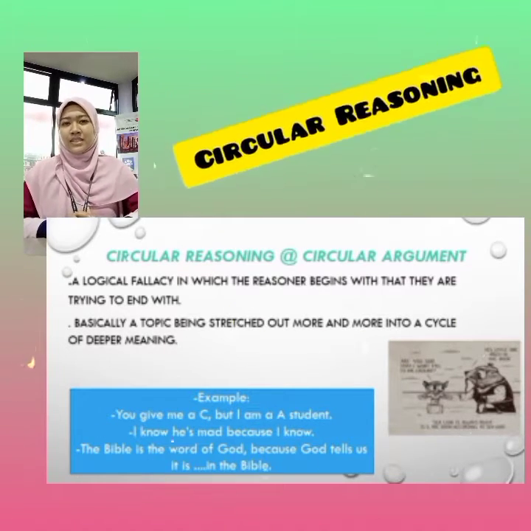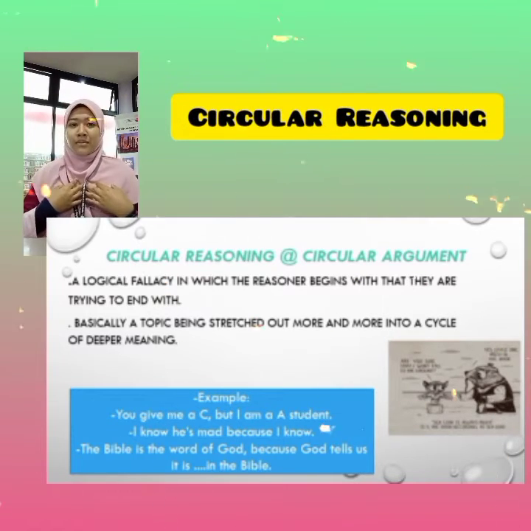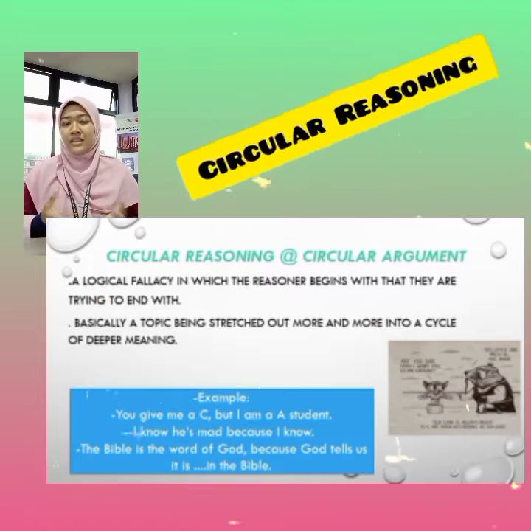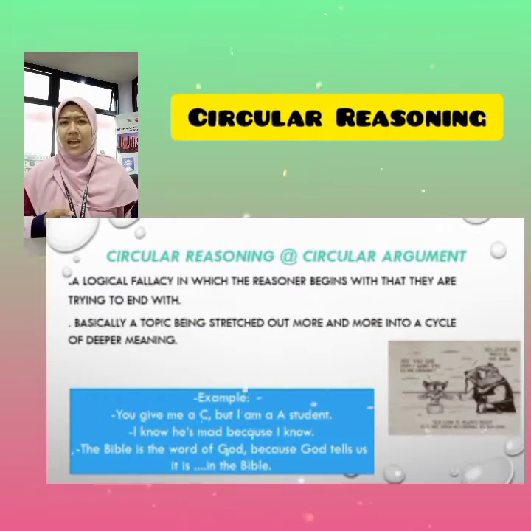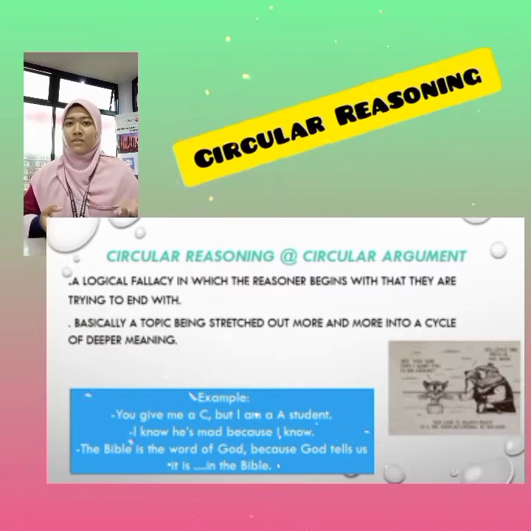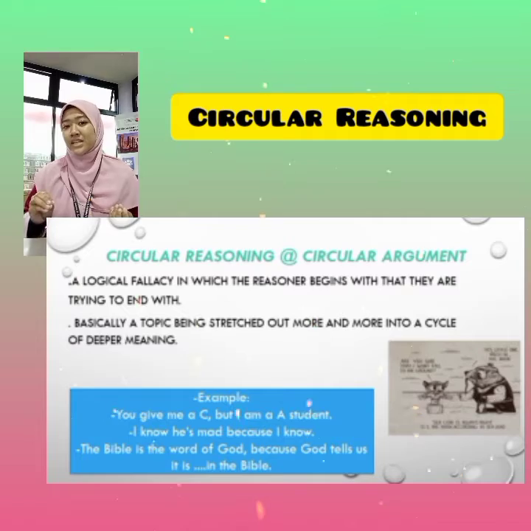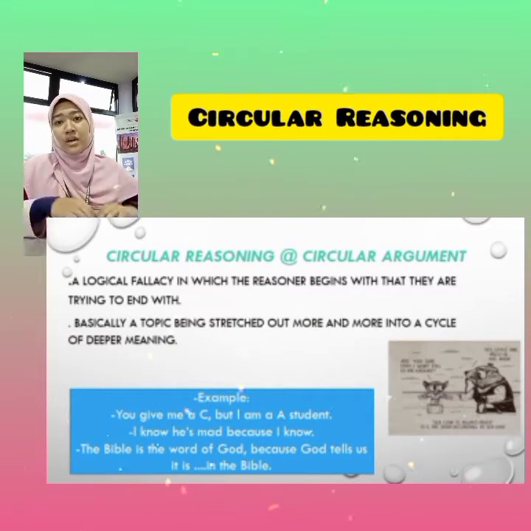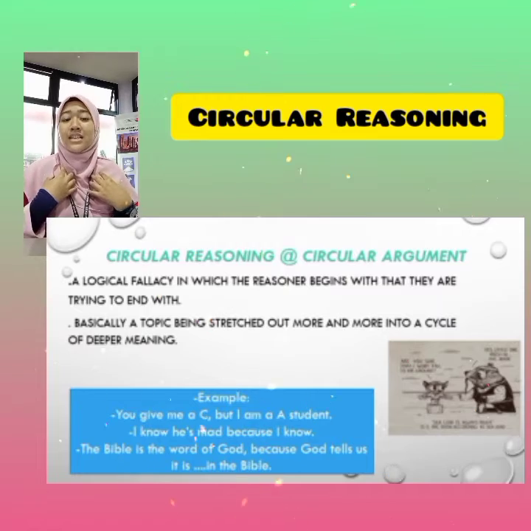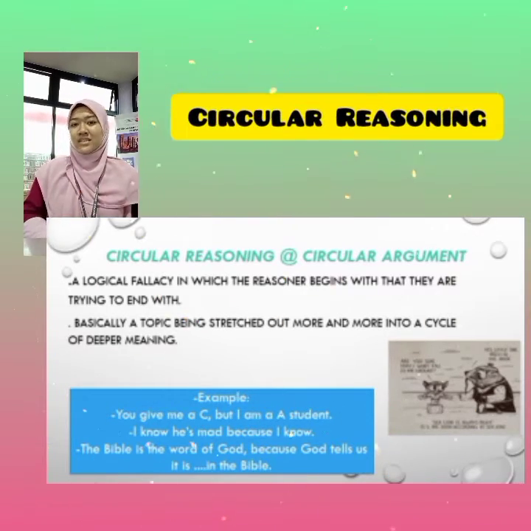For example, you give me a C, but I am an A student. Another example is I know he is mad because I know. The last example is the Bible is the word of God because God tells us it is in the Bible. That's called circular reasoning.